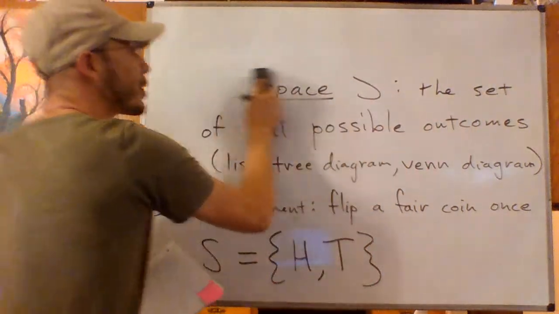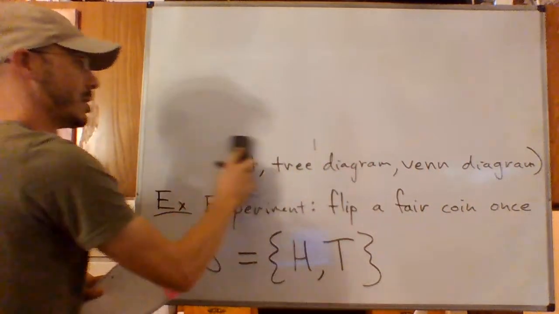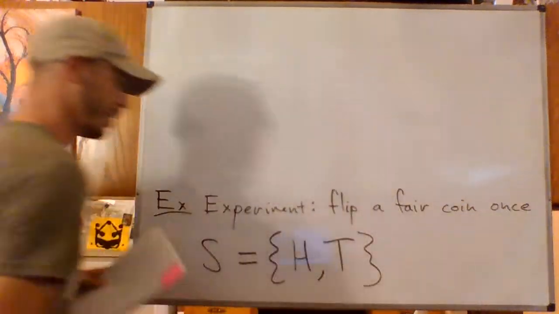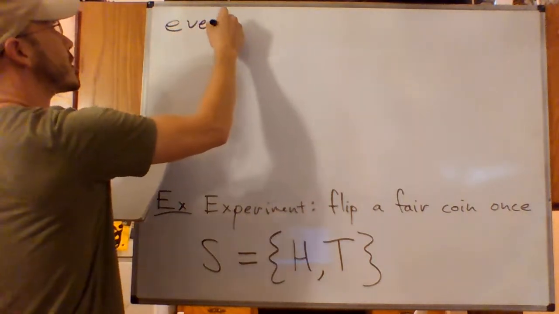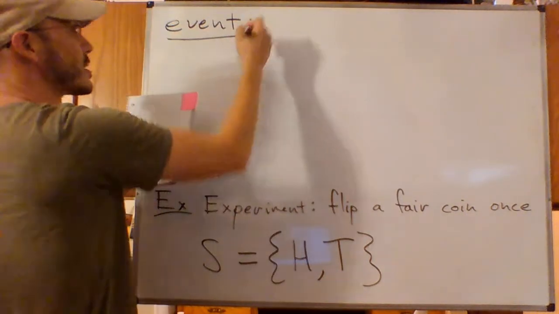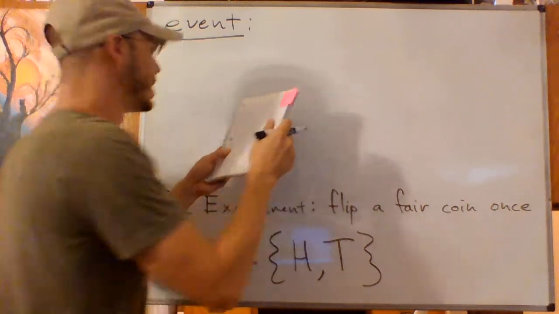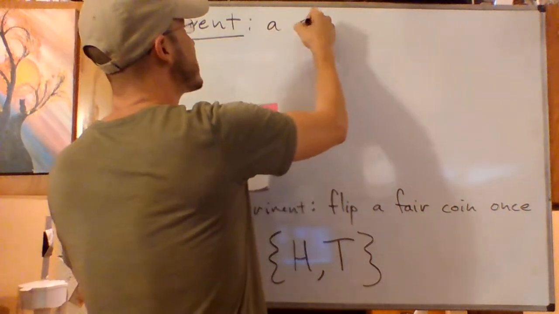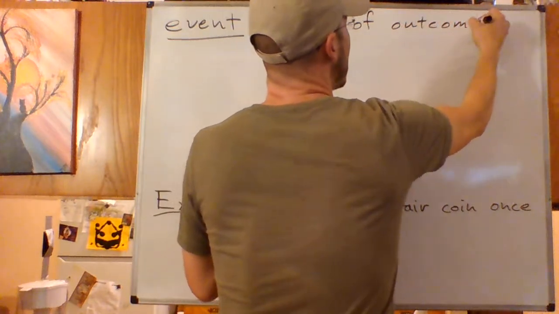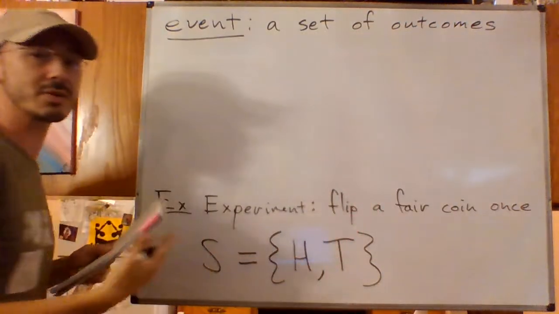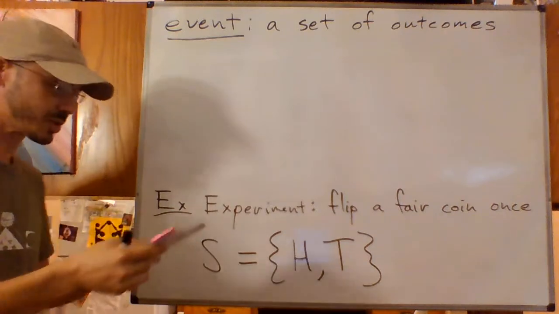To go a little bit further in this terminology, an event, so not exactly the same thing as an outcome, but an event is a set of outcomes. In this first example that we saw, there's only two outcomes, so there's not really much to look at.